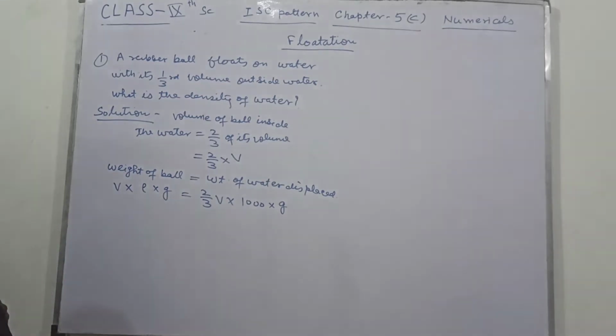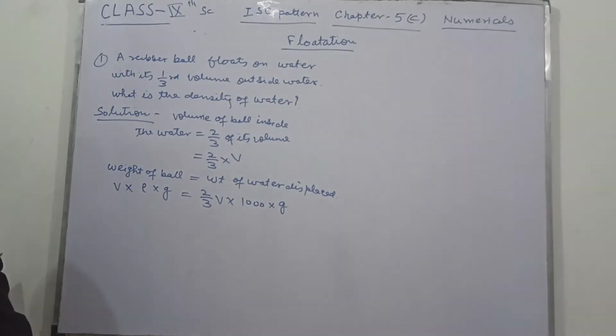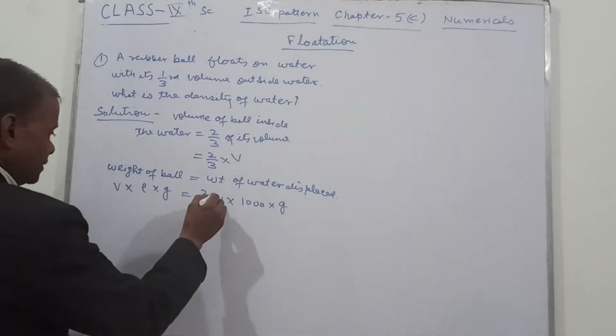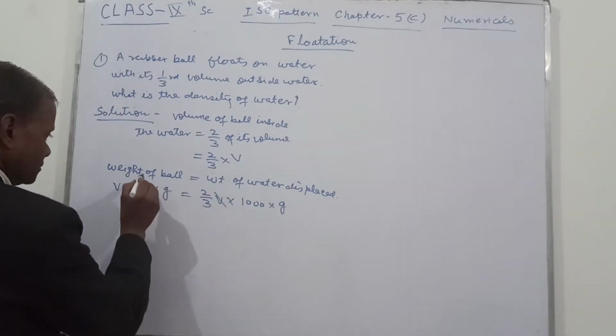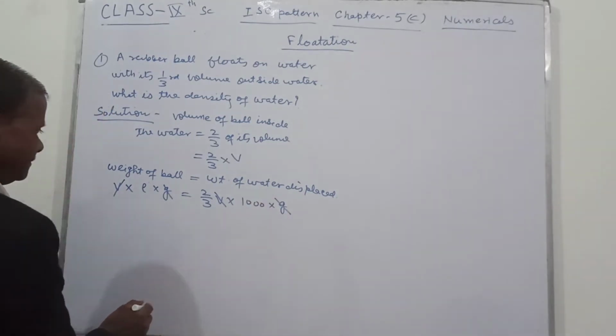Now we have to find the density rho. V and g will cancel on both sides.